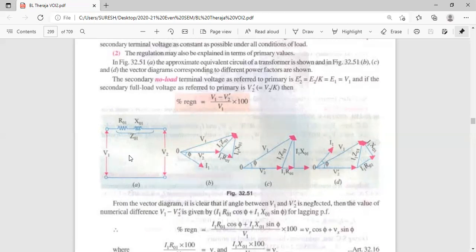Converting the parameters. What are the parameters on the secondary side? R2 and X2. These are the circuit constants.